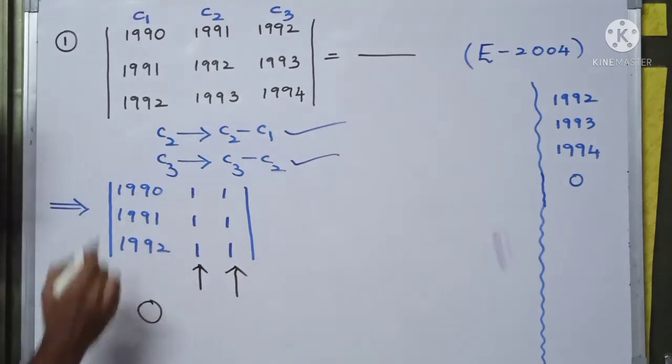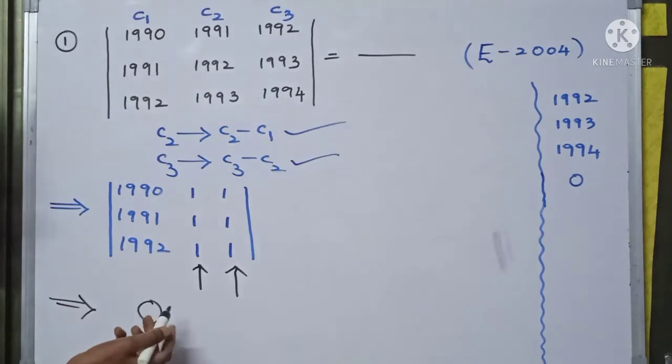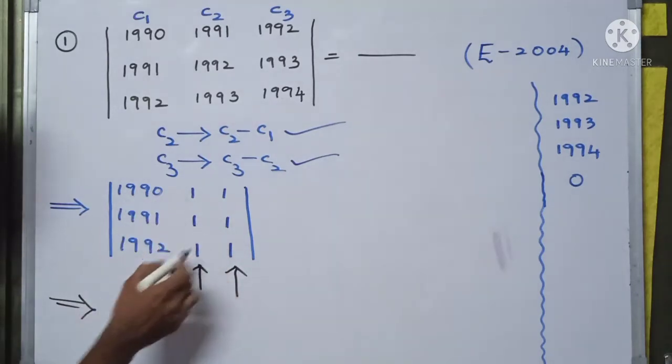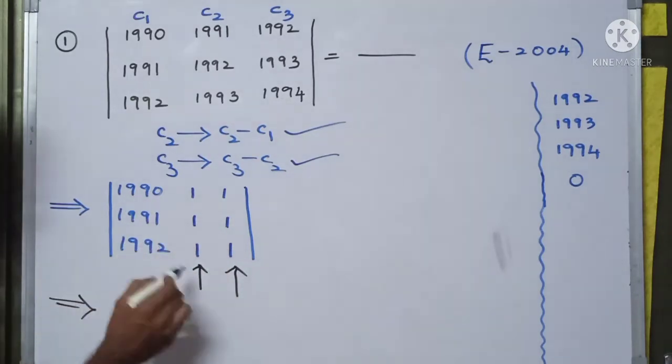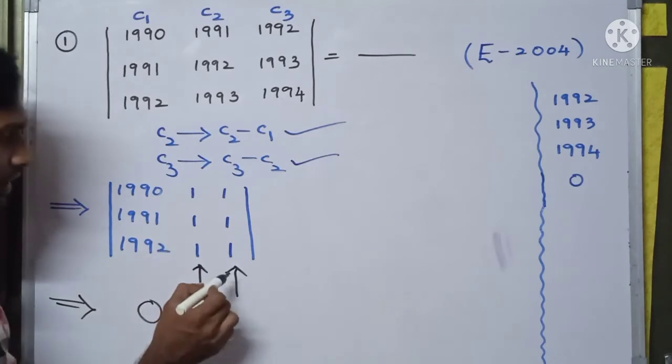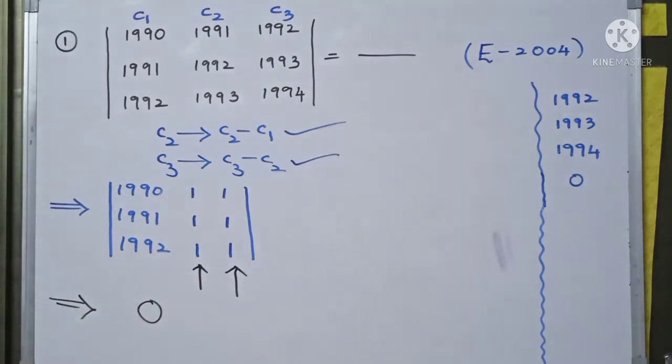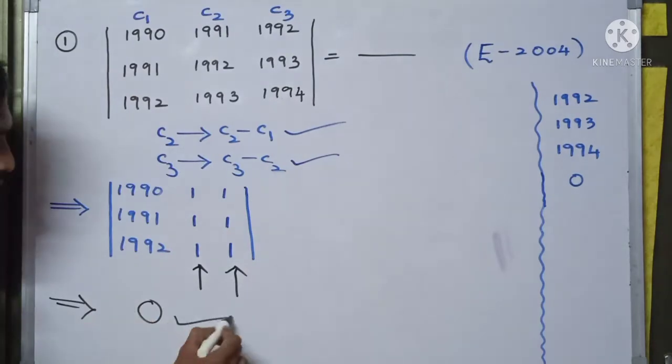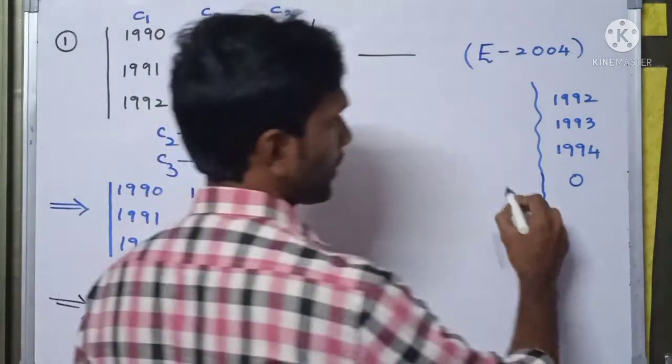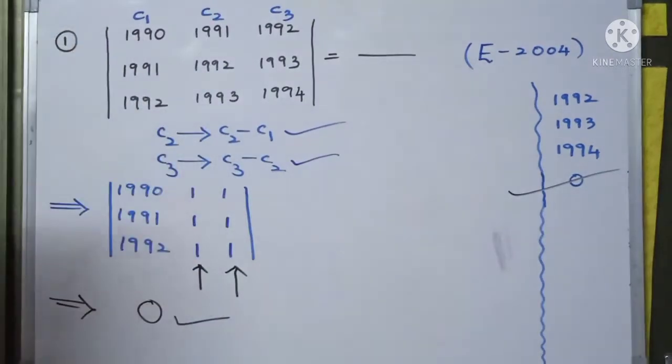Without expanding this determinant, we can say that the value of this determinant is equal to 0 because the second and the third columns both are identical. So finally the value of given determinant is equal to 0. So fourth option is correct.